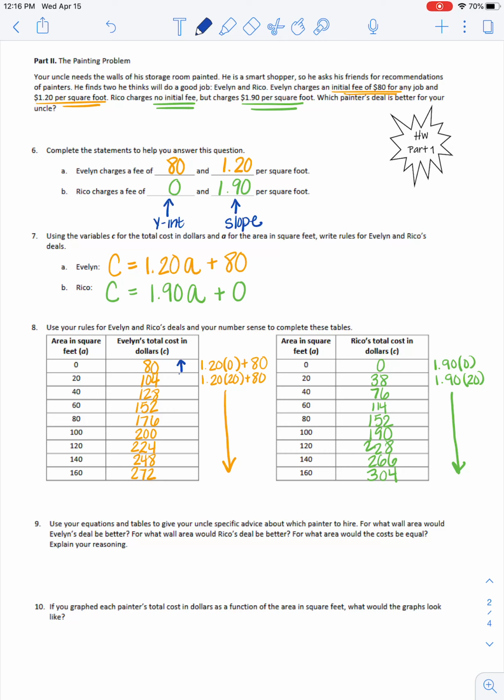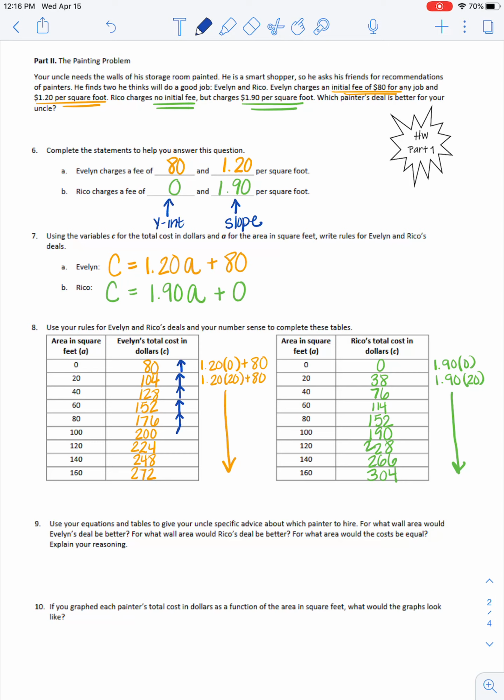For 20 square feet, Evelyn is still more expensive. For 40, 128 is still more expensive than 76. 152 is still more expensive than the 114. 176 is still more expensive than 152.